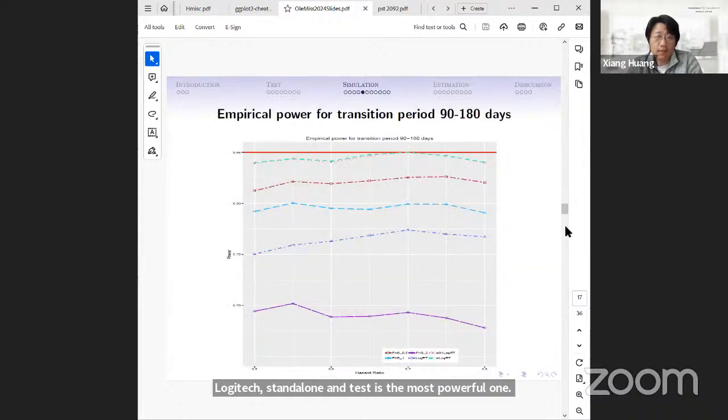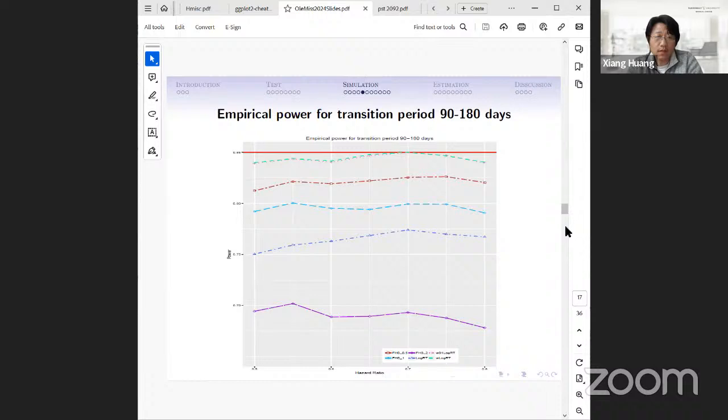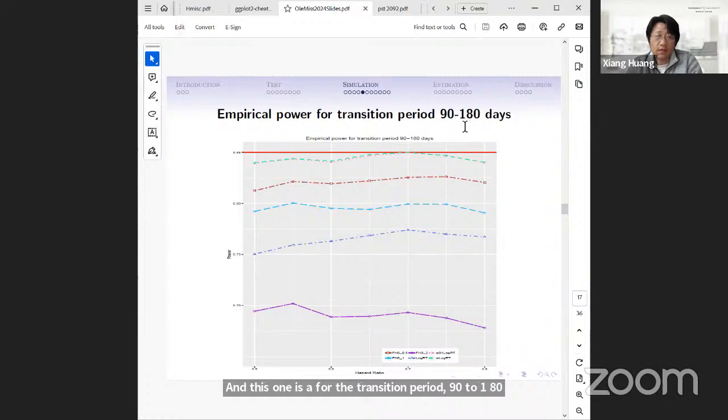Then this one is for the transition period 90 to 180 days. Suppose we know the true case is a transition period of 90 to 180 days.